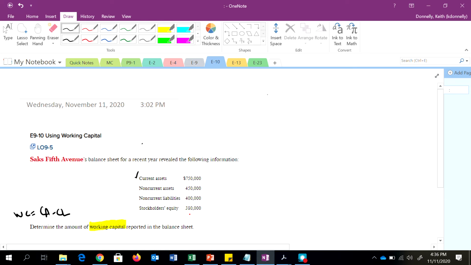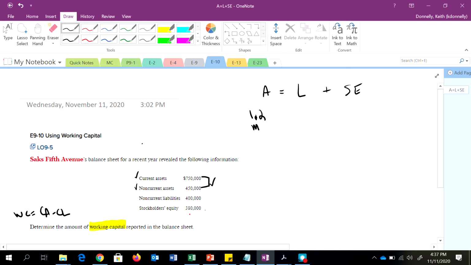Well, what this presupposes is that you can back in to current liabilities. In other words, remember we know the fundamental equation, assets equal liabilities plus stockholders' equity. We know our total assets right here, our current plus our non-current assets equal 1.2 million.